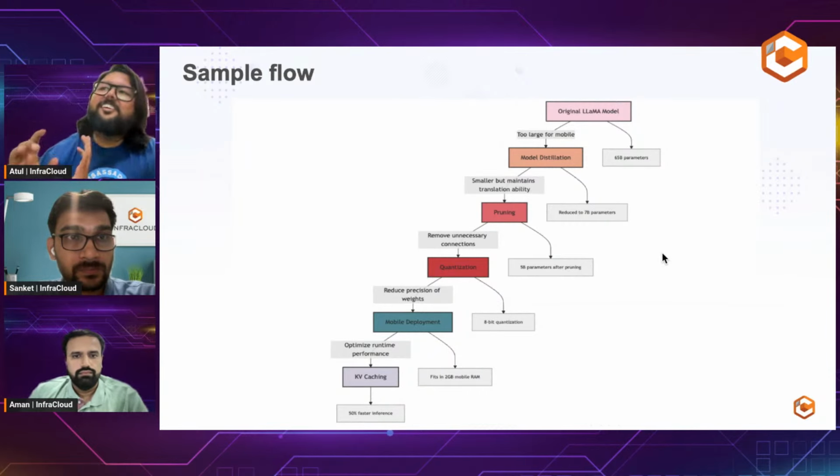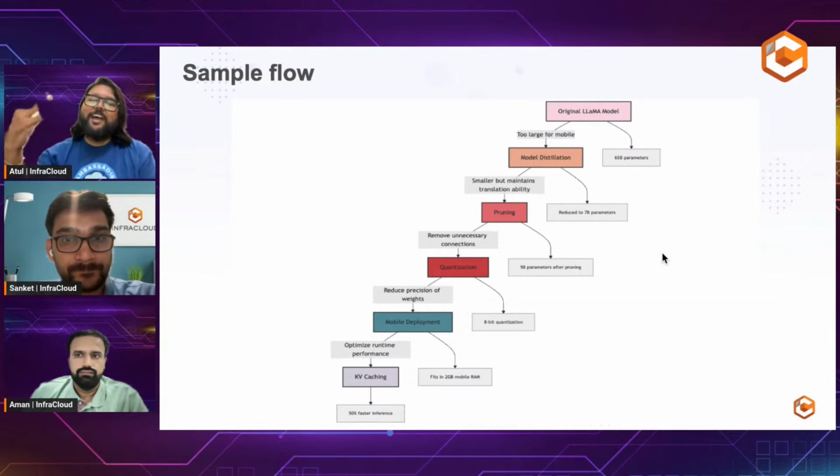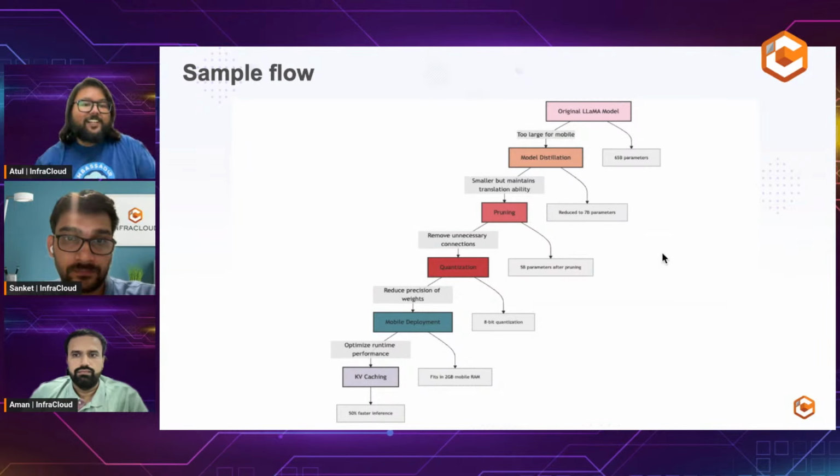This is a really interesting workflow, Aman, that you have shared. I cannot imagine having a 65 billion parameter model running on my mobile device, but by following all these techniques, it's possible.